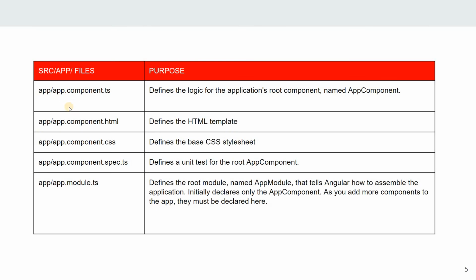So guys, as I said, each component of your Angular will have 4 files. Component.ts is the class where you're going to write your business logic. Component.html is where you will write your HTML code that defines your UI. Component.css is where you put all your CSS. Component.spec.ts is basically the test cases specific to this particular component.